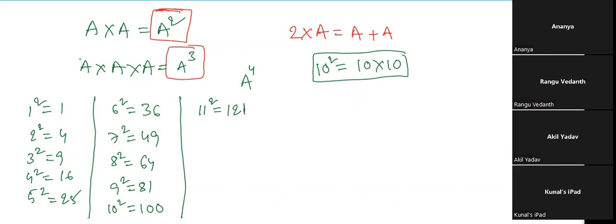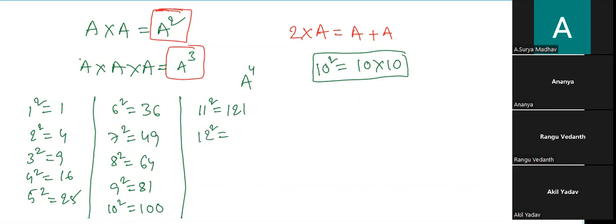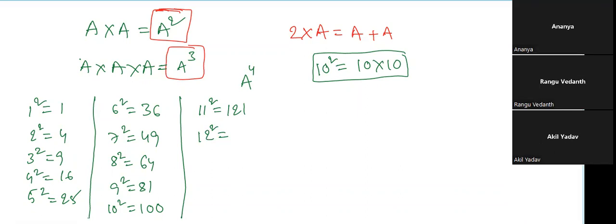Then Kunal entered just now, I think. Kunal, can you say 12 12s? 12 12s. 12 10s. Yes, sir. 120.